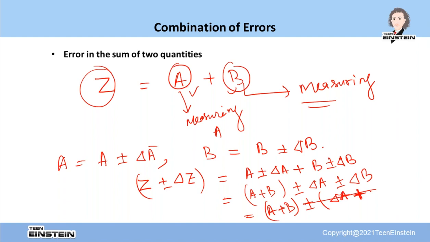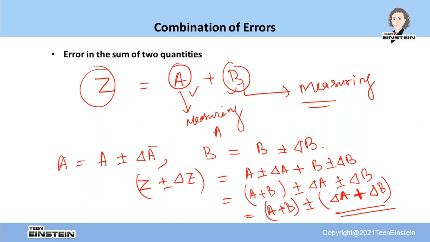You have to take always plus in between, because error cannot be minimum, error will always be maximum. That's why I'll not take any minus sign inside. Even though you have plus or minus, this will be added.